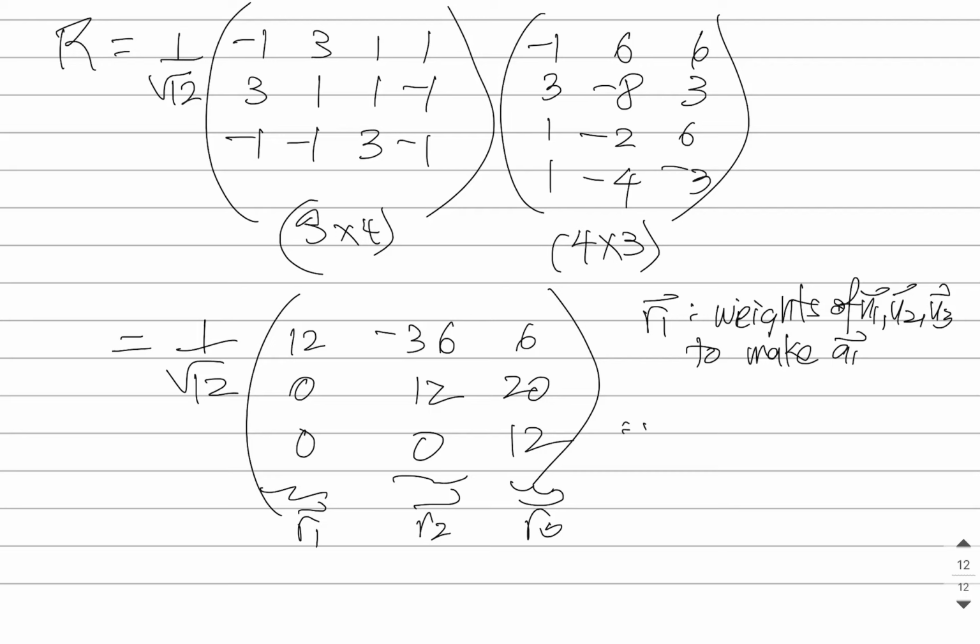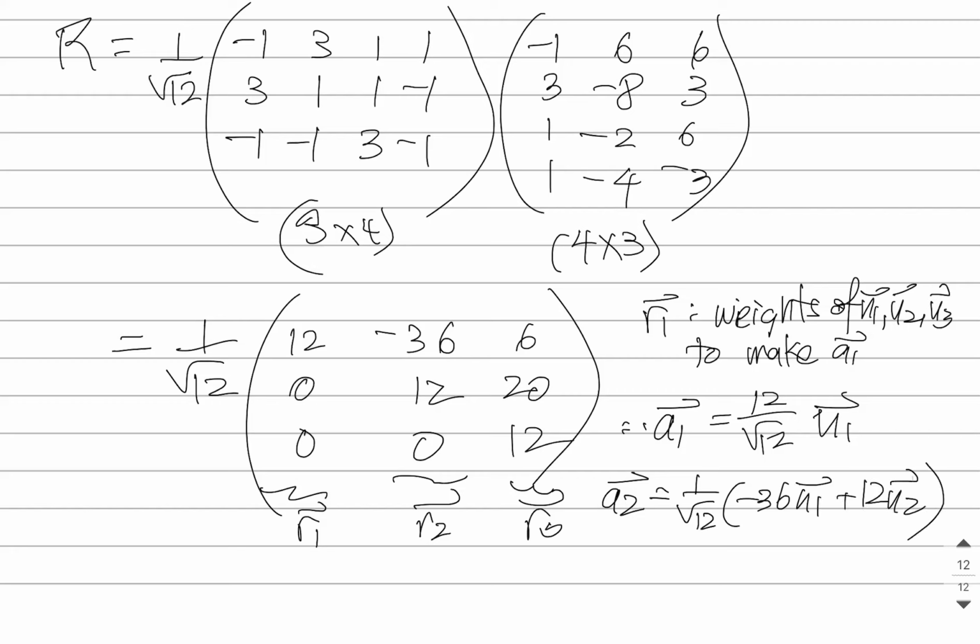So what this is saying is that A1 is 12 over root 12 U1, which is not a surprise because that's how we defined it by Gram-Schmidt. A2 is going to be 1 over root 12 times negative 36 U1 plus 12 U2. And A3 is going to be 1 over root 12 times 6 U1, 20 U2, 12 U3.